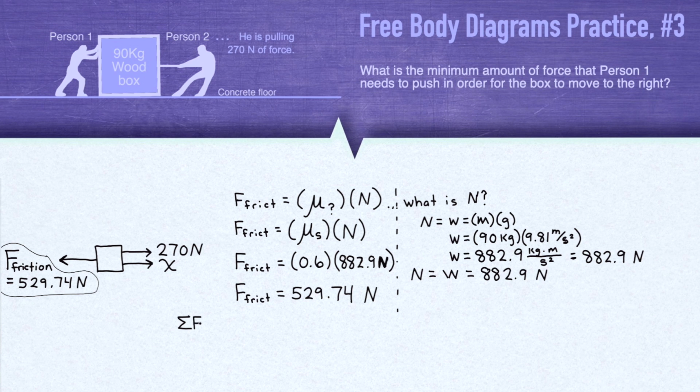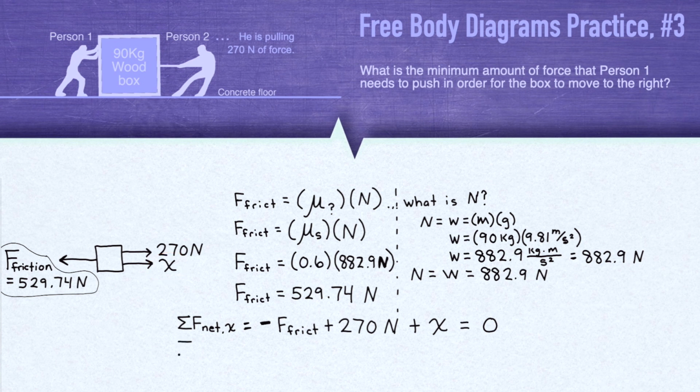So the summation of the forces in the x direction, I'm going to say minus the friction force, F subscript friction, plus 270 newtons, which is the amount of force that person 2 is pulling, and then plus x, because person 1 and 2 are working together, and then I'm going to make it equal 0 so that we can solve for x.